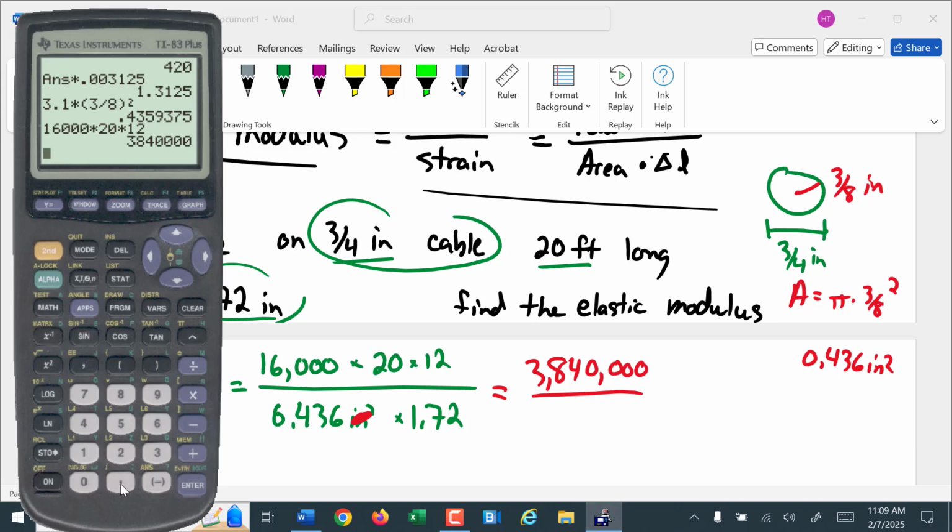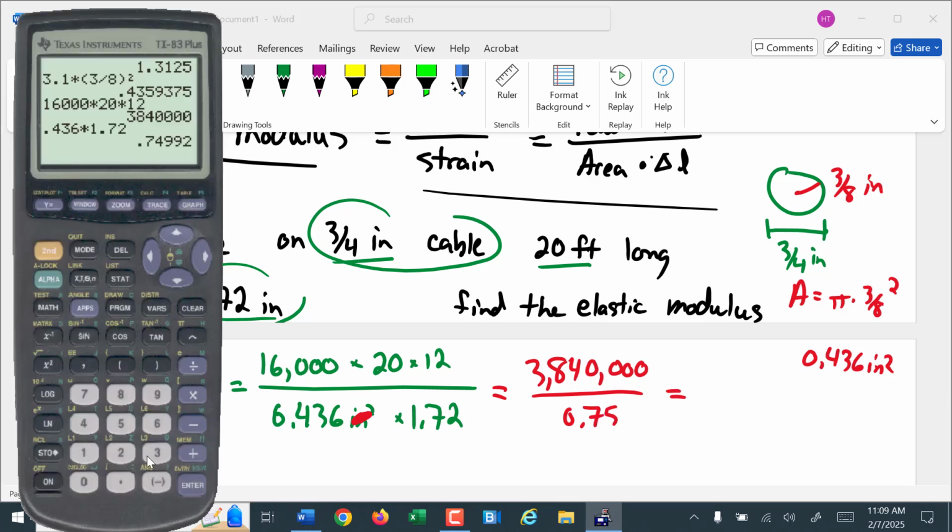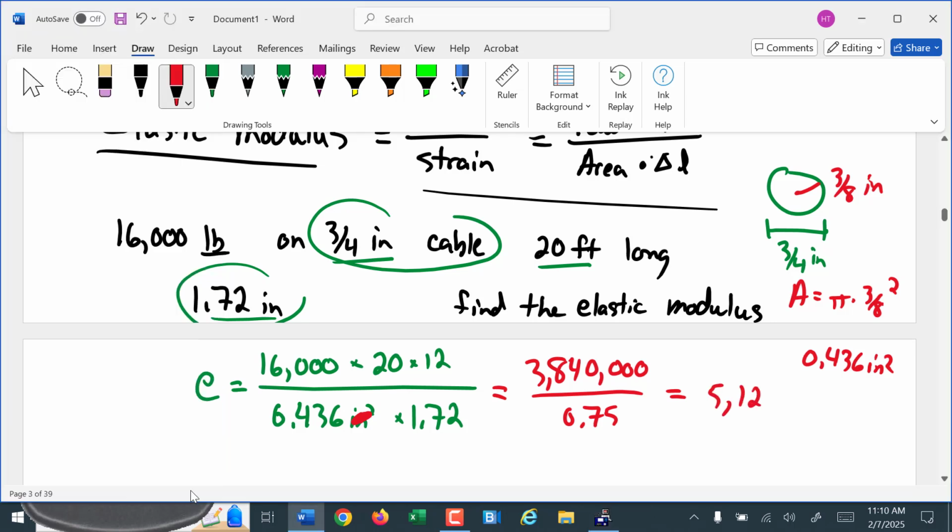On bottom, 0.436 times 1.72, 0.75 basically. And we divide. 3,840,000 divided by 0.75. We get 5,120,000.